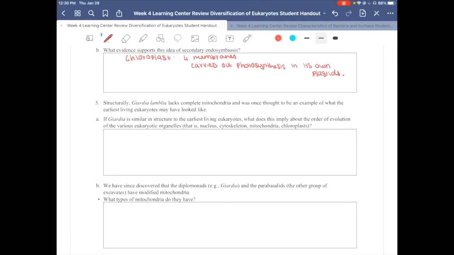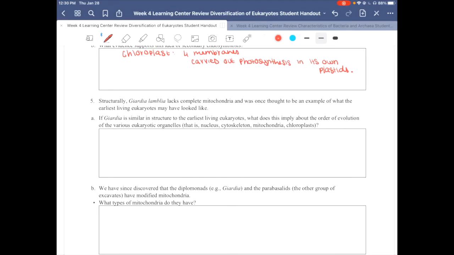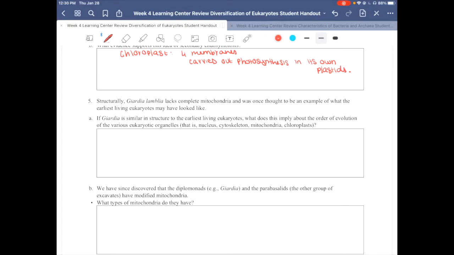Okay, structurally, Giardia lamblia lacks complete mitochondria and was once thought to be an example of what the earliest living eukaryotes may have looked like. If Giardia is similar in structure to the early living eukaryotes, what does this imply about the order of evolution of the various eukaryotic organelles?